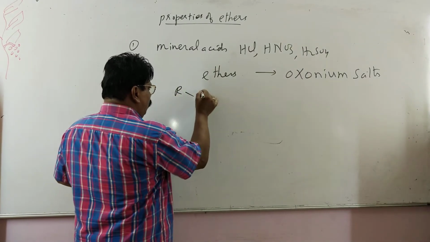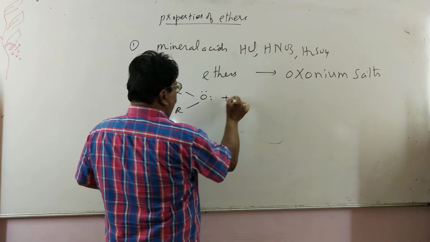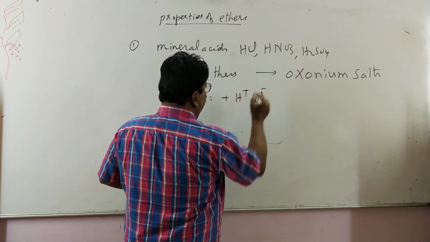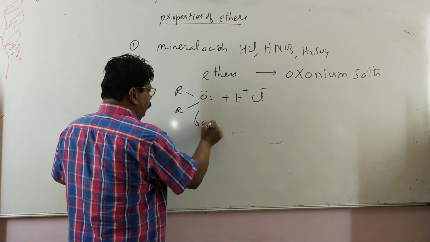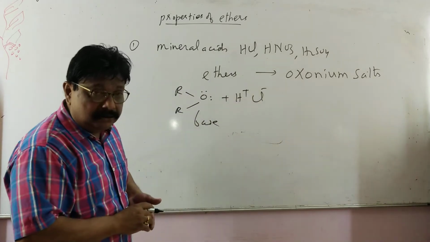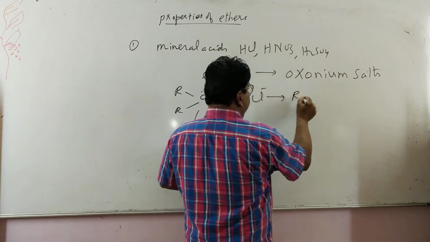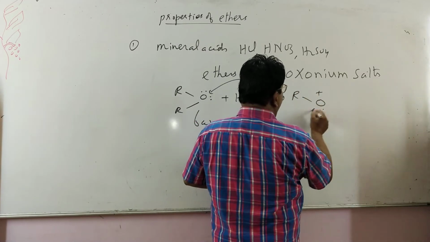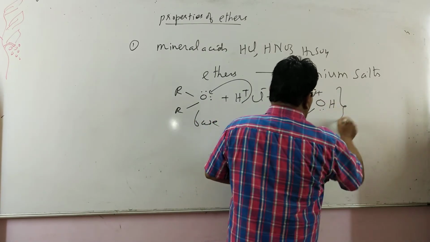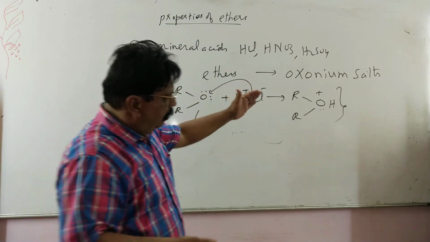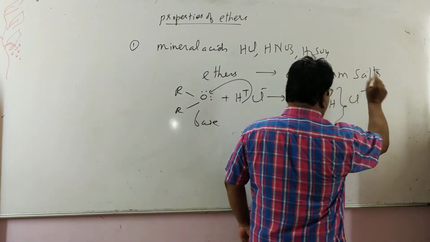This is our ROR and this is our HCl. The ether will act as a Bronsted base and gain the H plus to form the oxonium part, and the chloride salt will be formed.